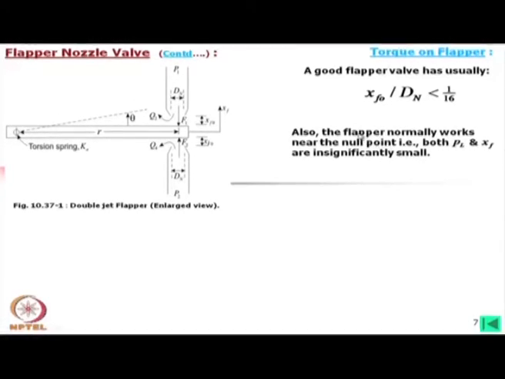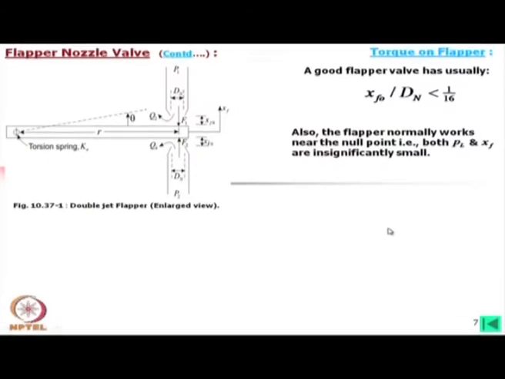That means, as we are trying to control the pilot stage, the load pressure is small, as well as this motion is also very small, because this is basically the high pressure process, the main valve. In that case, what we have found is that the valve opening is very small, but that will generate a very large flow due to the pressure difference.